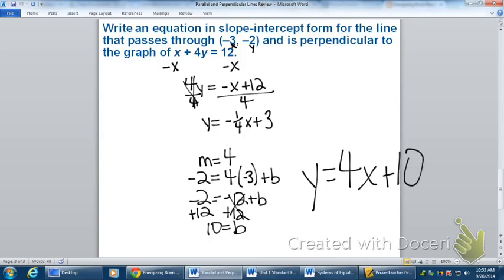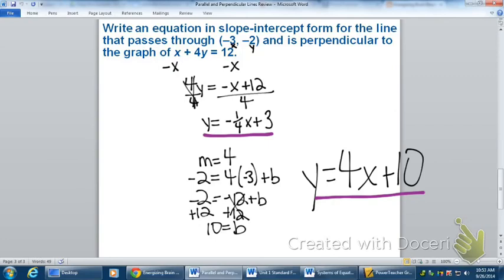Now, this line is perpendicular to our original line. Why? Because it has an opposite, flipped slope, a reciprocal slope. If you look at our two equations, we know just by looking at the slopes that they are perpendicular, because the reciprocal of negative 1 over 4 is 4.